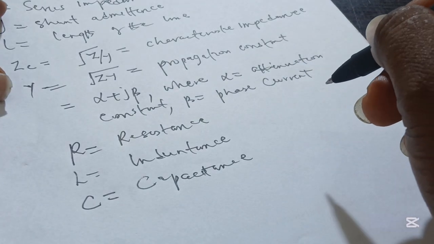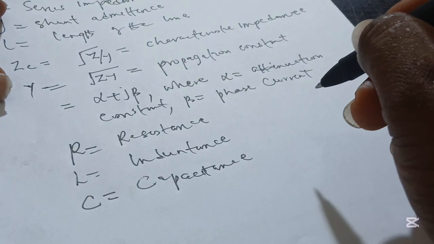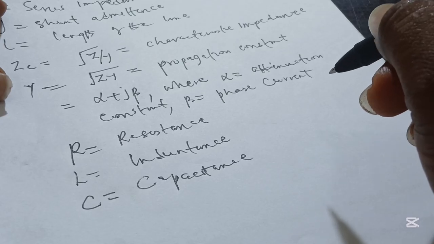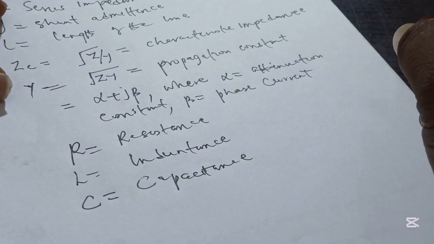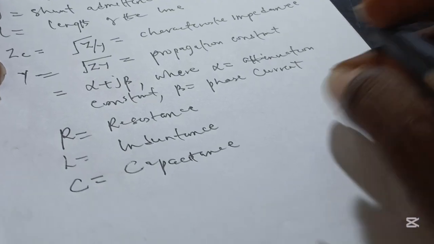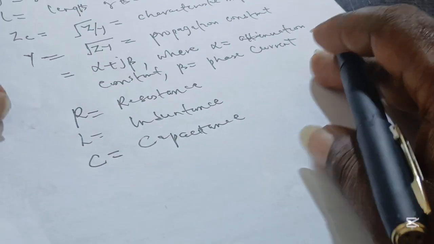So let's first of all represent the root mean square voltage and current of the line at a particular location x.